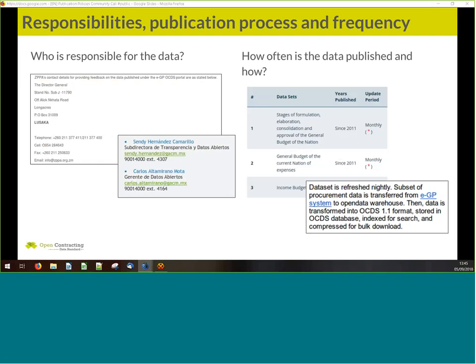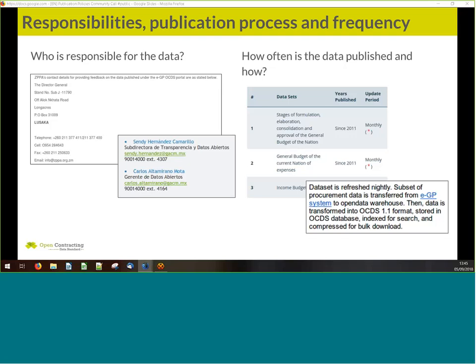The other important thing to provide is a summary of how often the data is published, and what the process of publishing the data is, because that can help users understand how it relates to the data that's held, for example, in an e-procurement system from which the OCDS data might be exported.